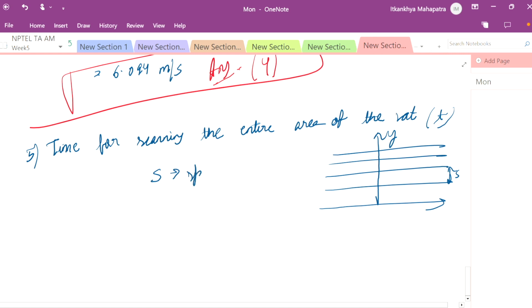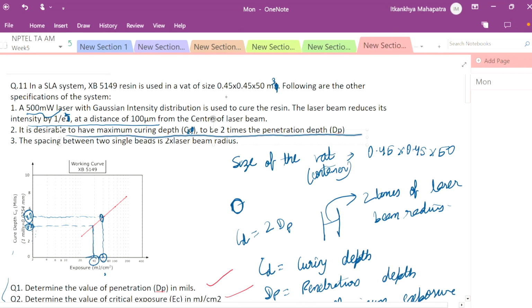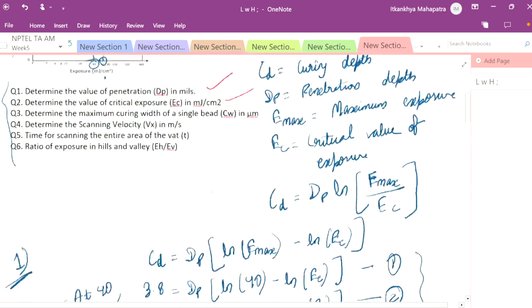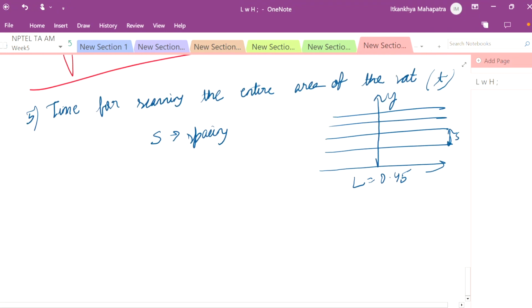S is the spacing. Now this length we know is 0.45, because it is given as length into width into height, L into W into H, which is 0.45 into 0.45 into 0.45 meter cube.